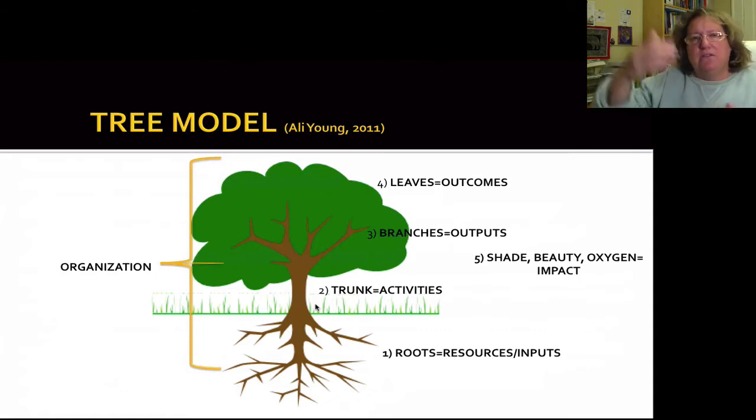And the tree from roots to leaves is the organization. So start at one. So the roots are really about how the tree gathers insights, gathers the nutrients that it needs.